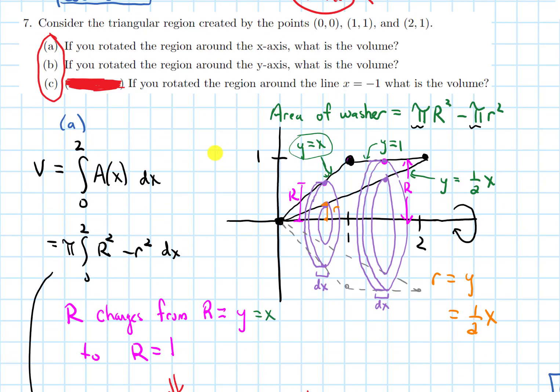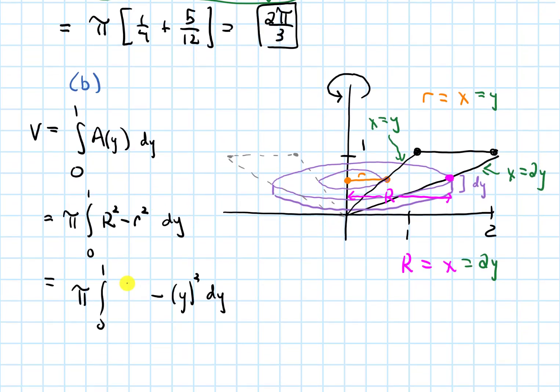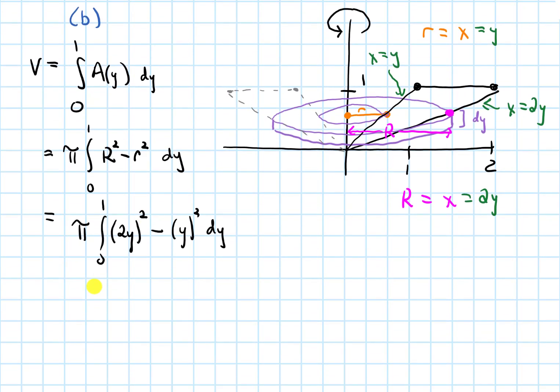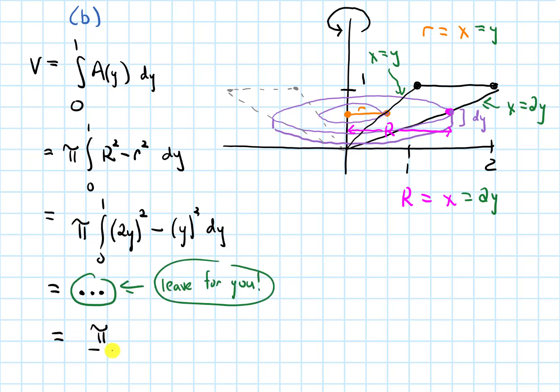Let's multiply the 2 over, and that'll give us x equals 2y. So this x equals 2y, and that's going to be my big R. All right, so big R is 2y, and we have to square that to get R squared. Again, I'm going to leave this computation for you. And I'll just say that if we work this out, we'll end up with just pi as our answer.